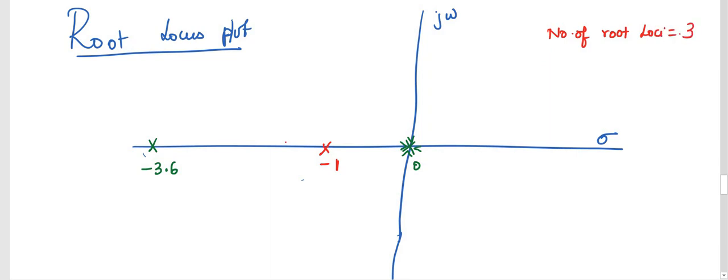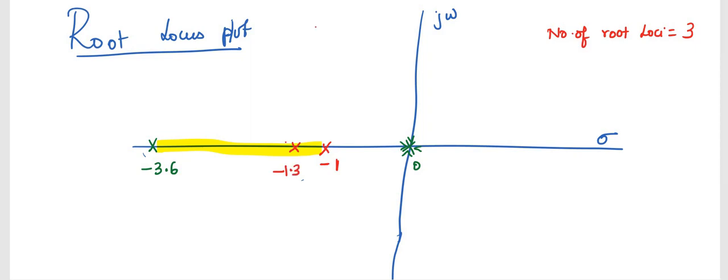One segment of the root loci is between minus 3.6 and minus 1. And the next root loci are from 0 to infinity and 0 to infinity. Next I have to mark the centroid, that is minus 1.3.